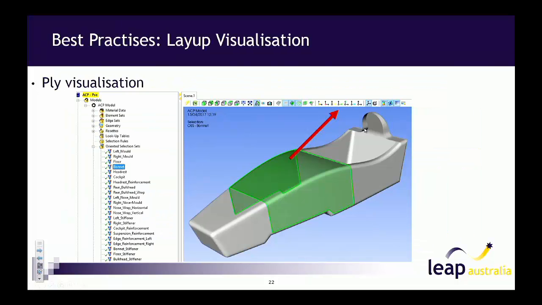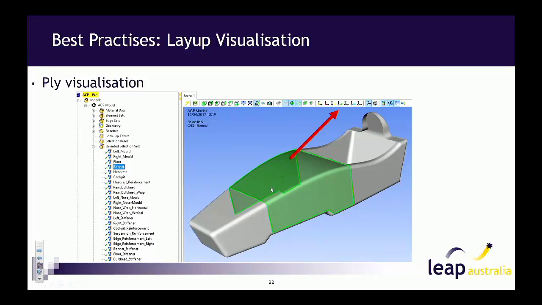So a couple of best practices that have been built into ACP. These are features that are very specific to composites that are going to help you guys design and visualise your structures. I mentioned about the ply orientation being from a reference.